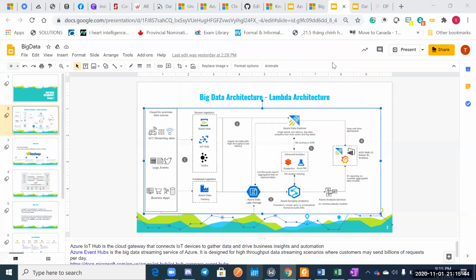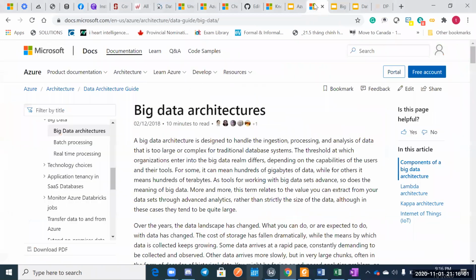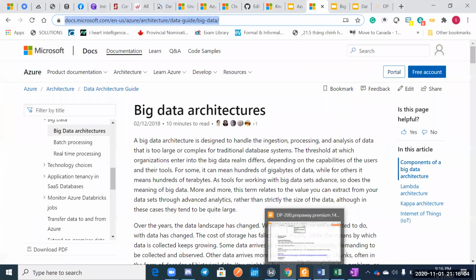Before that, I want you to bring attention to this page about big data architecture. The reason I like it is that it has a lot of components in the lambda architecture, and it shows what's available in the platform. I'll send you guys this link.